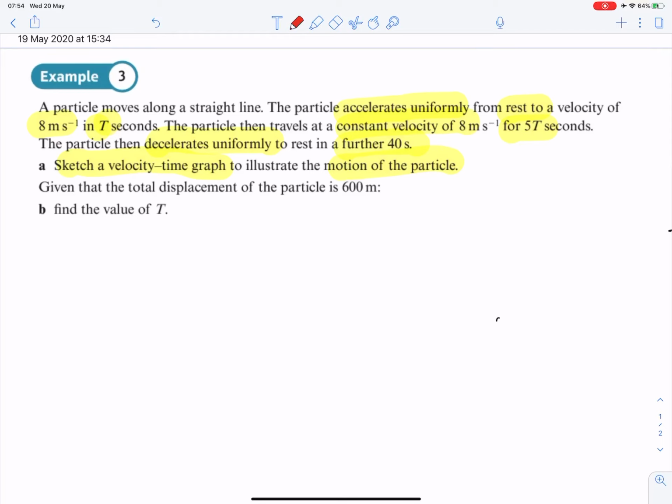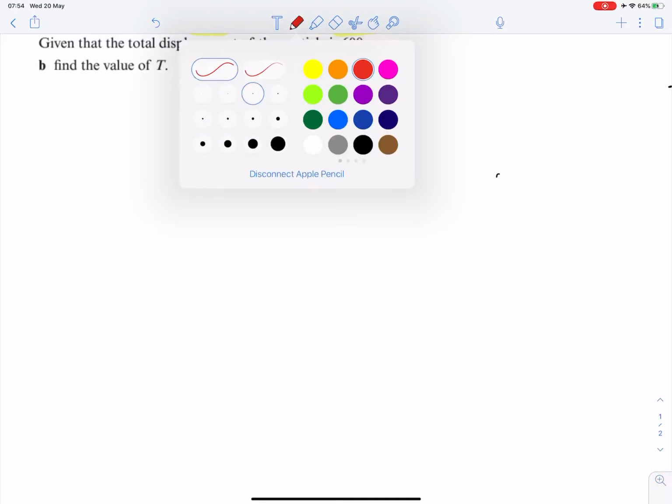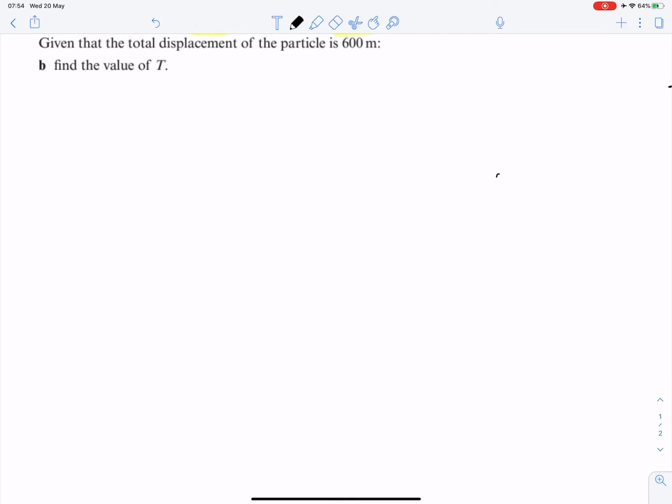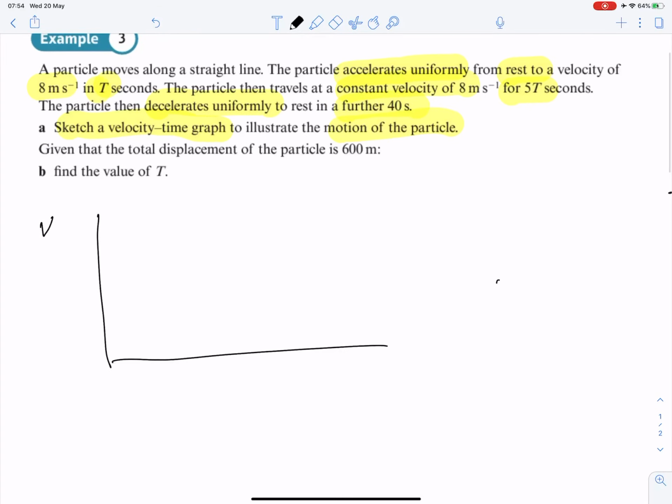Okay, so we've got a velocity time graph. So velocity, let's check the units, meters per second, and time in seconds.